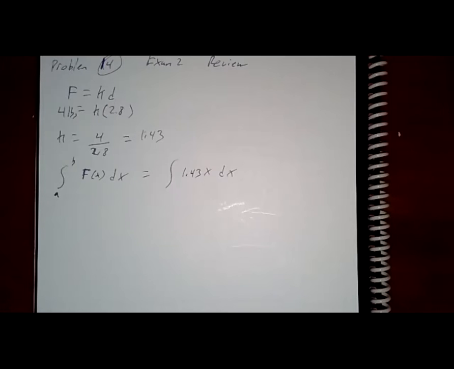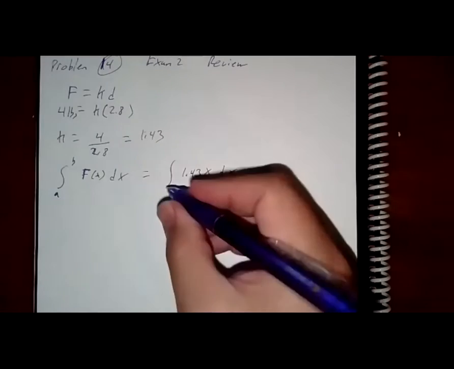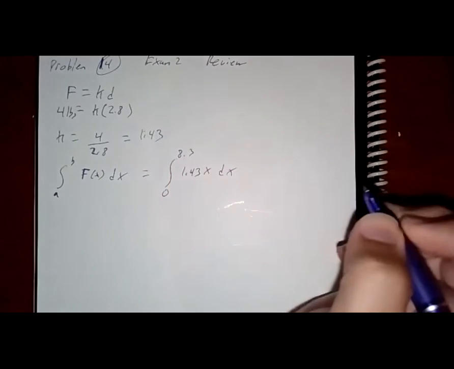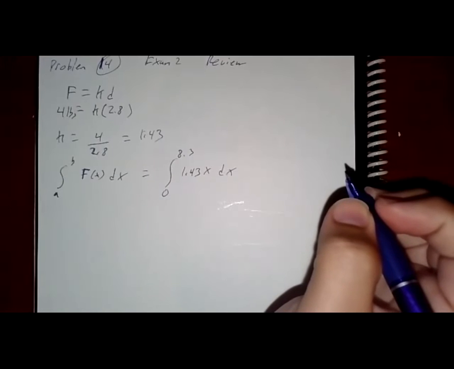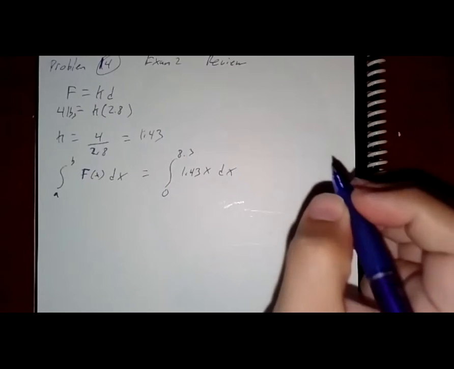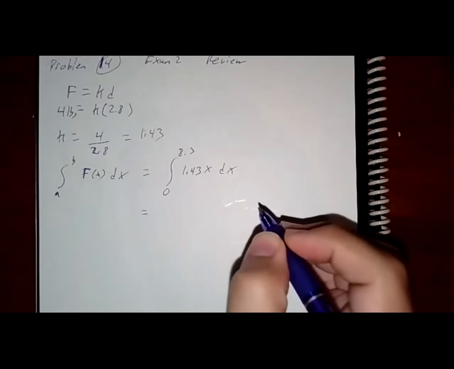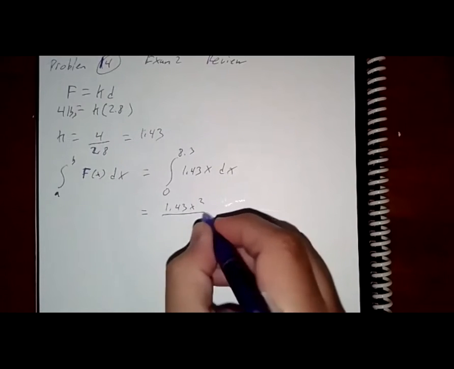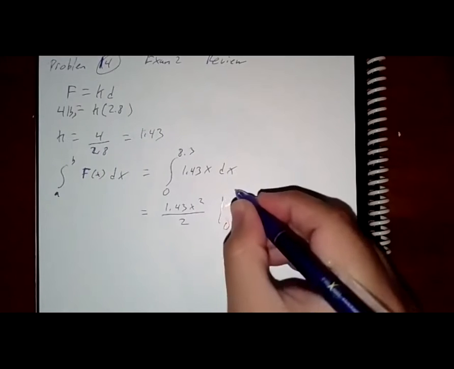It would be 8.3. Yeah, 8.3. So I think we should be integrating from 0 to 8.3 inches, which will be 1.43x squared over 2 from 0 to 8.3.